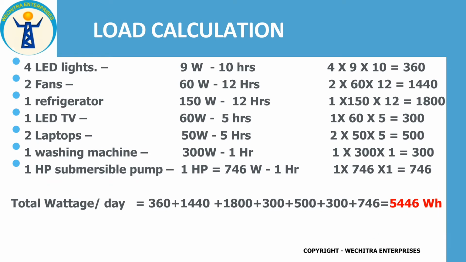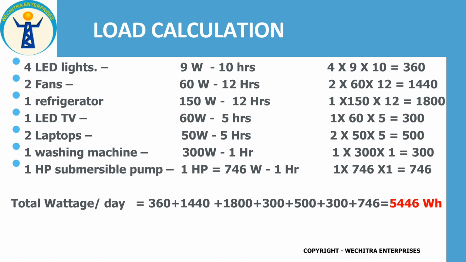The first one is 4 LED lights which are working for 10 hours. Let us take the wattage of each LED as 9 watt. To calculate the total wattage used by the LED lights, we have to multiply the number of lights with its wattage and the number of hours we are using it.